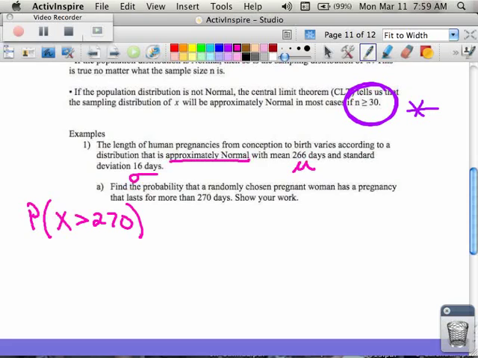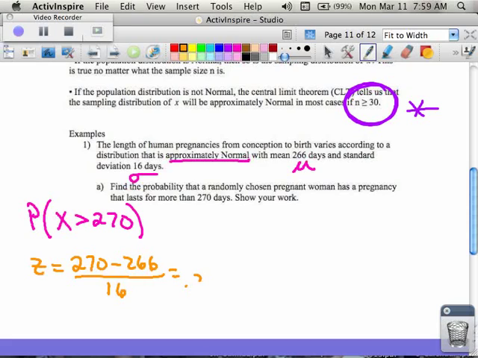In order to do that, the first thing that we usually do is we find a z-score. So I know that my z-score will be equal to the thing I'm talking about, 270, minus my mean, which was 266, divided by my standard deviation, which was 16. And I get a z-score of, how much? 0.25.